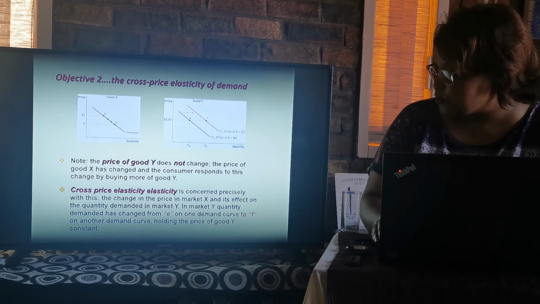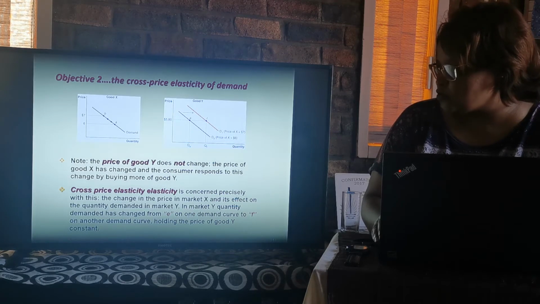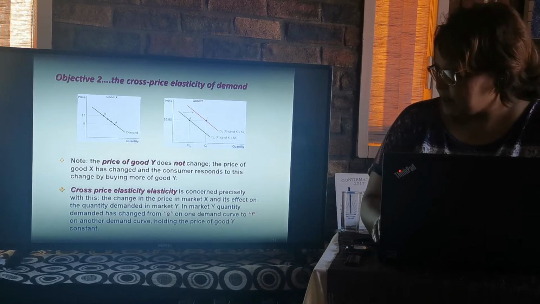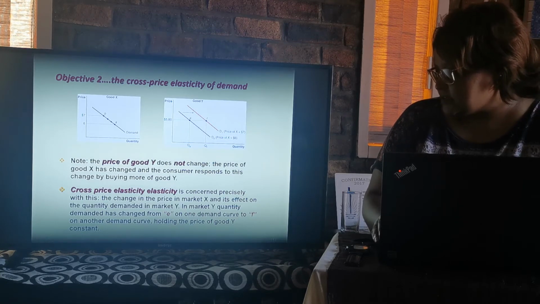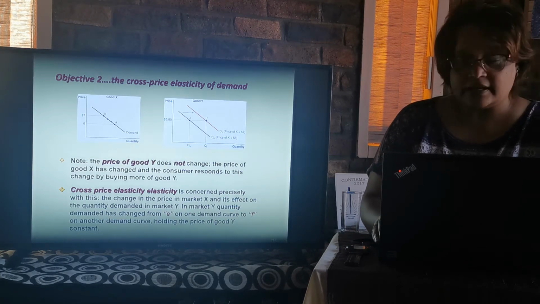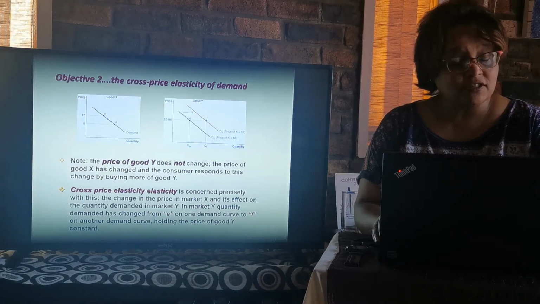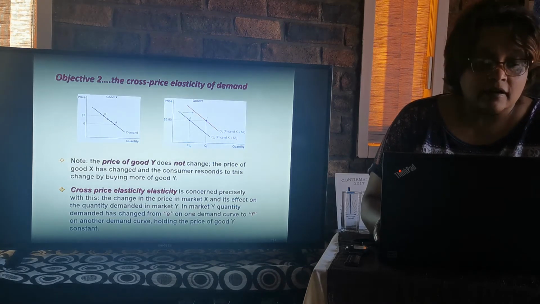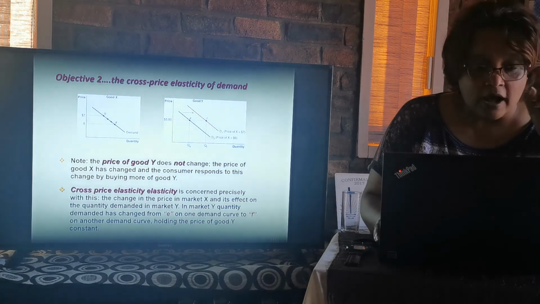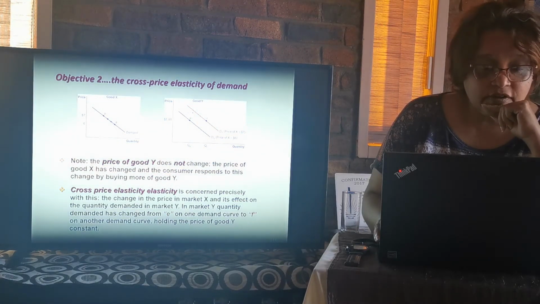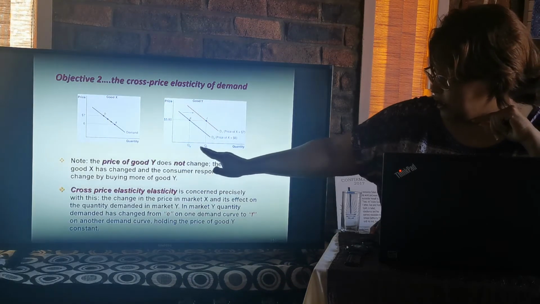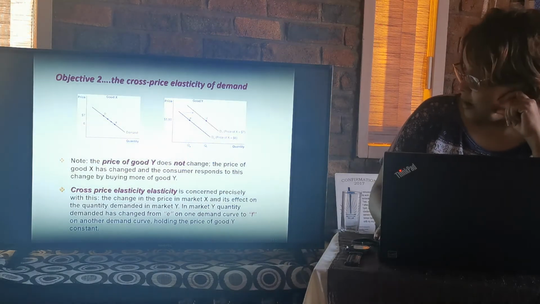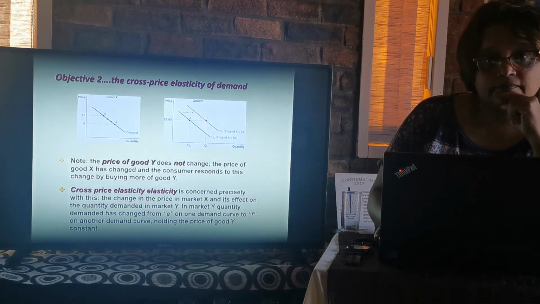The price of good X has changed, and the consumer responds to this change in buying more of good Y. Cross-price elasticity is concerned precisely with this change in the price in market X and its effect on the quantity demanded in market Y. If market Y quantity demanded has changed from E to F on another demand curve holding the price of good Y the same. Are we clear about this?